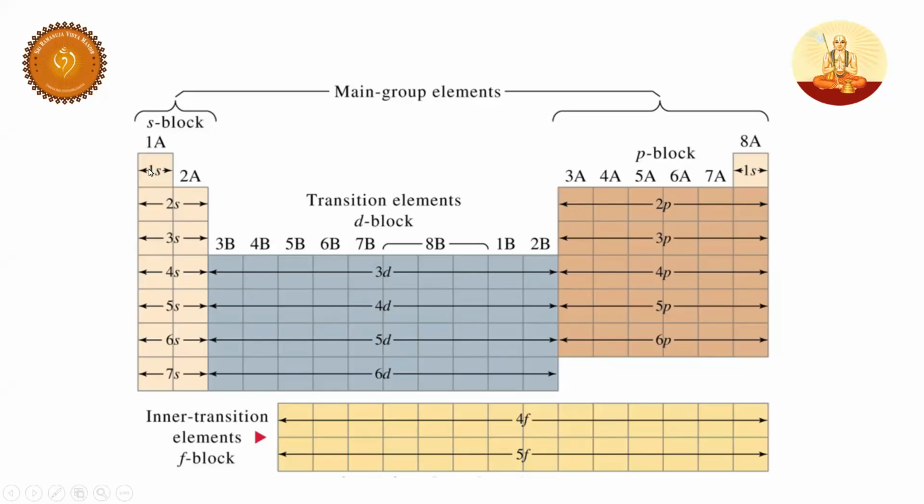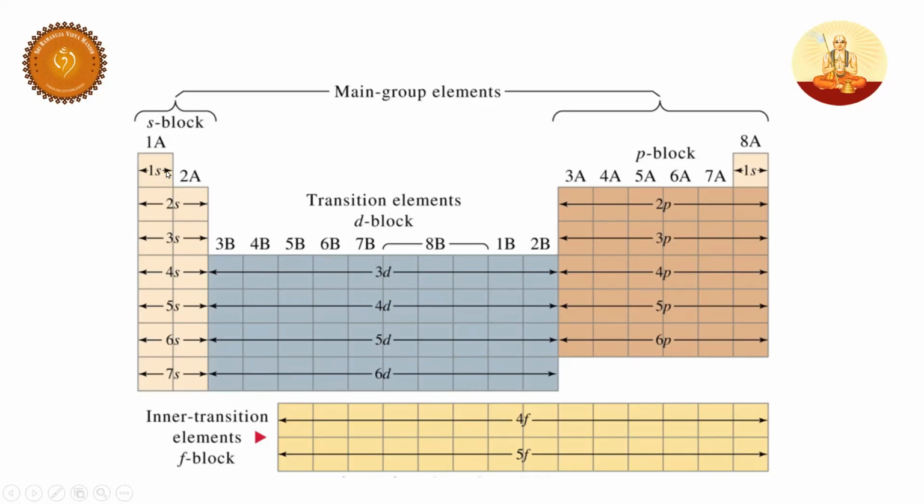Firstly, 1s must be filled, followed by 2s, 2p, 3s, 3p, 4s, 3d, 4p, 5s, 4d, 5p, 6s, and here, students, after 6s you have 4f. Then 5d, 6p, 7s. After 7s you have 5f, and after 5f you have 6d.